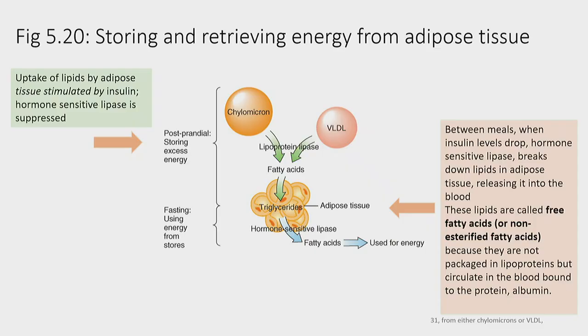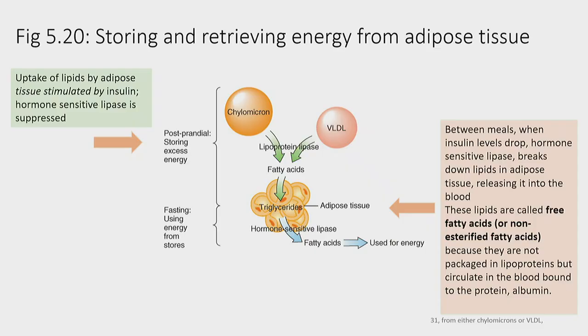But when there is no insulin, the hormone-sensitive lipase will be high, and it is important to release the stored energy in the adipose tissue, because when we're not eating, we need energy. It breaks down the triglyceride, which as I mentioned is fatty acids attached to glycerol, in the adipose tissue to release the free fatty acids as a source of energy.